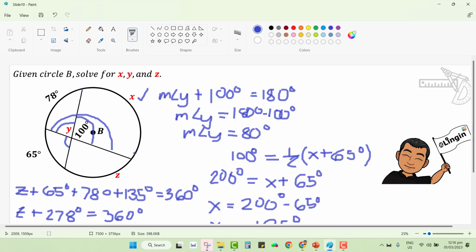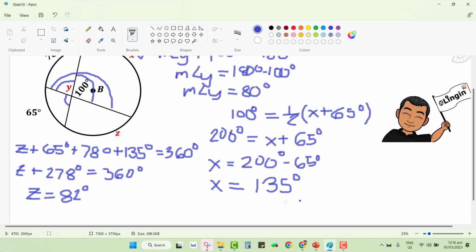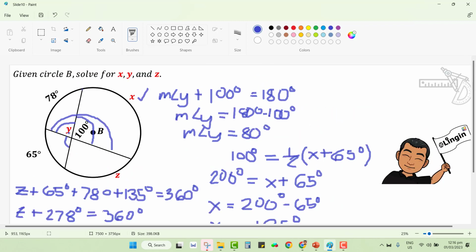I mentioned there are two methods in solving z. The other method is similar to the process in solving x earlier, since we already have the value of y here, and we have the arc from this portion.